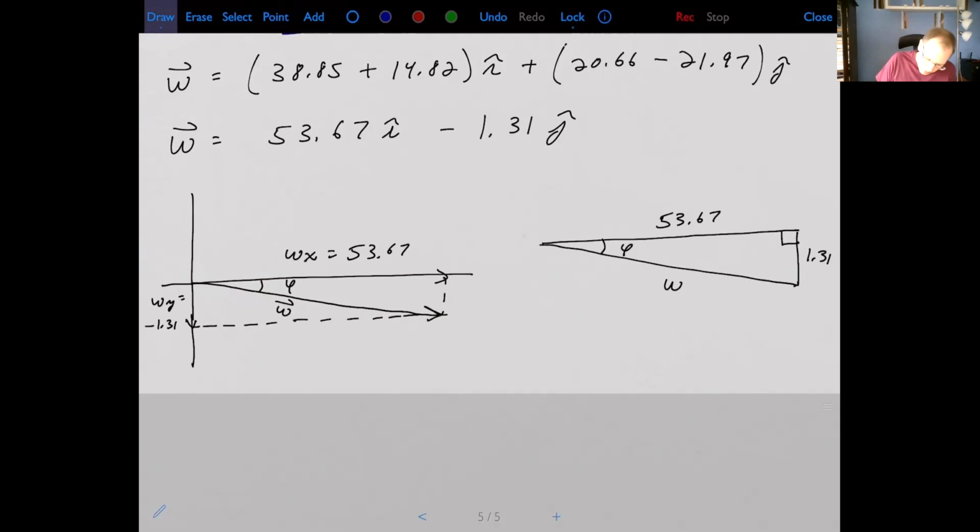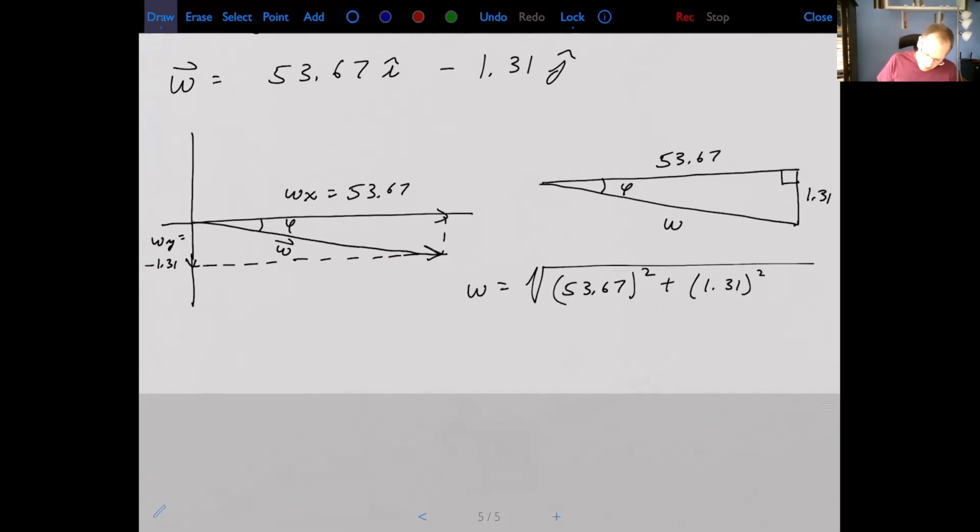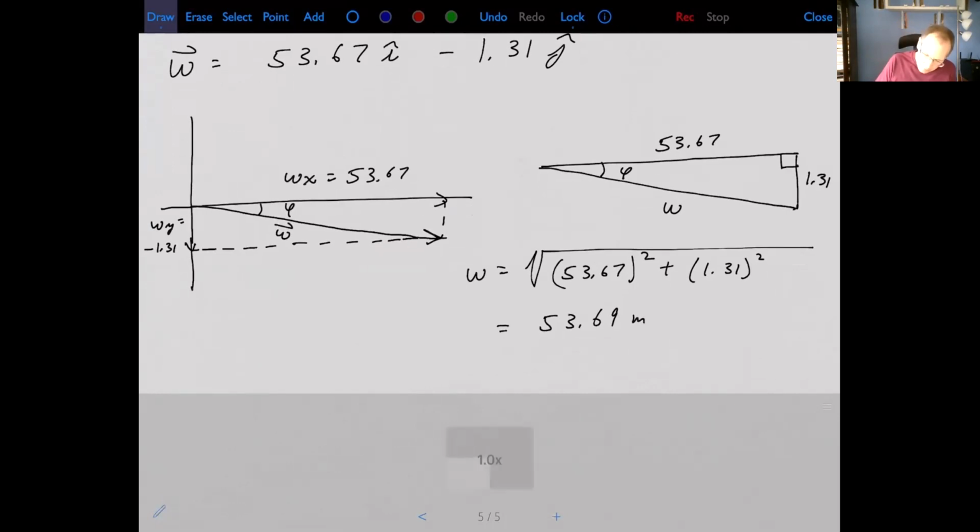Pythagorean theorem, right? So W is going to be the square root of 53.67 squared plus, and again, you could use WY as negative, but it doesn't matter because you're going to square it. So it's 1.31 squared. And this turns out to be 53.69 meters. And now I also want to find the angle phi.